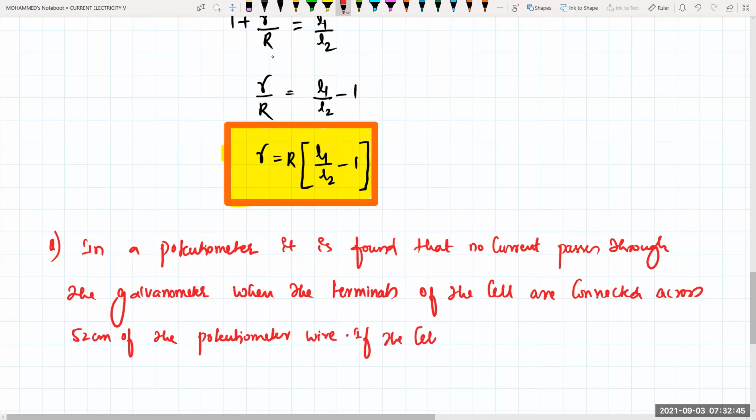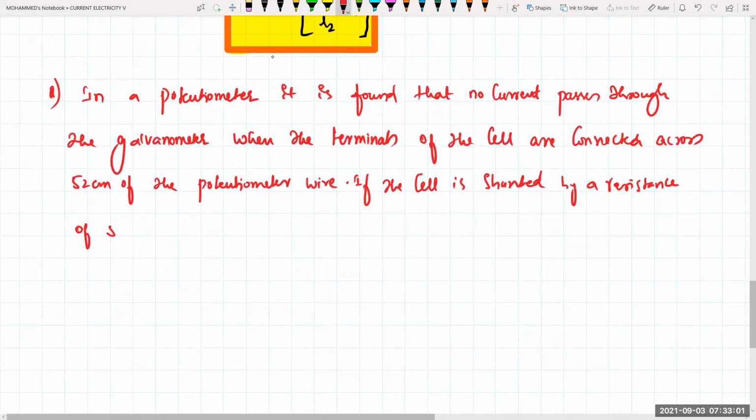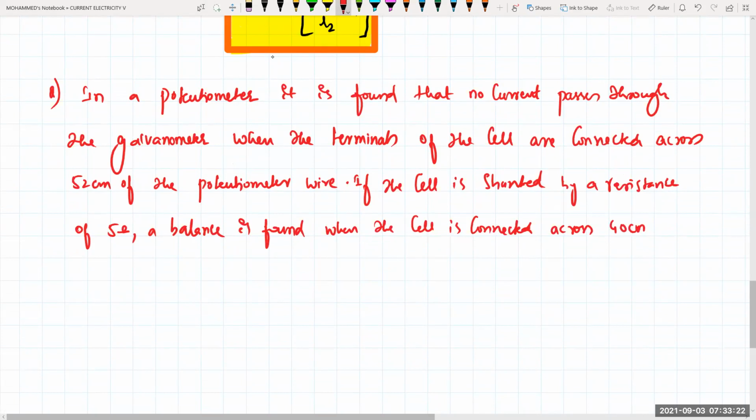If the cell is shunted, meaning, beta, a small resistance added in parallel is known as shunting, is shunted by a resistance of 5 ohms, a balance point is found when the cell is connected across 40 centimeter of wire.